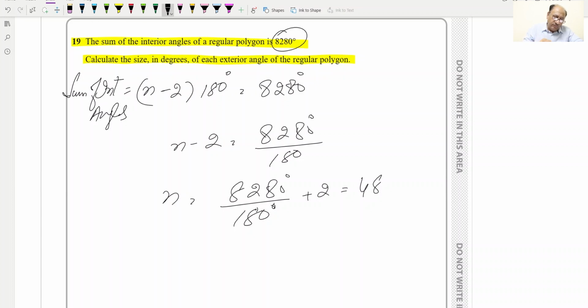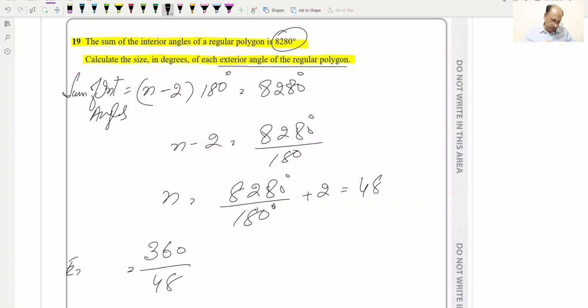Now after finding n, our target is to find the exterior angle. We know the sum of exterior angles is equal to 360, so 360 will be divided by 48 for each exterior angle.